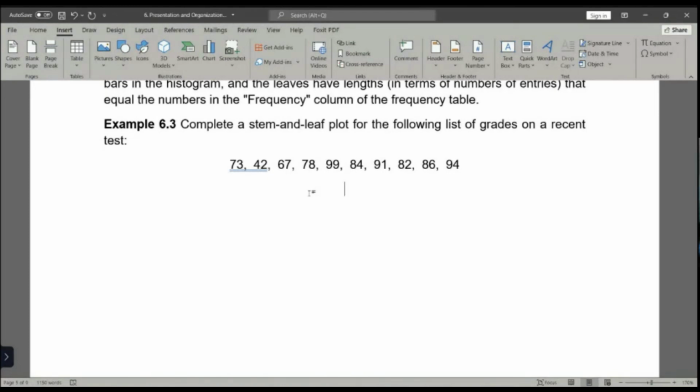What is our lowest grade? 42 po. 42. 67. 73. 78. 82 po. 82. 84, 84. 86, 86. 91, 94, 99.